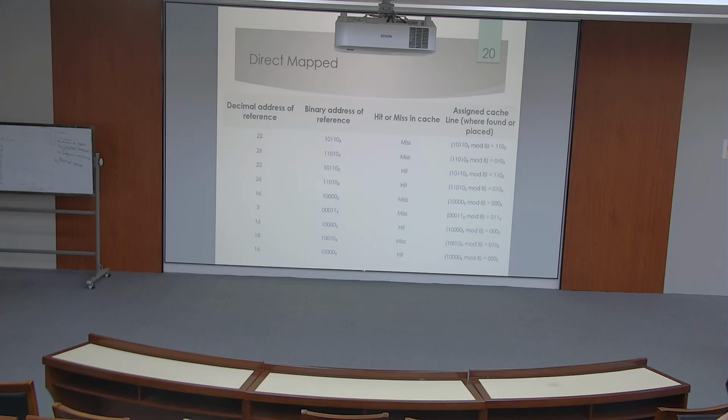Also find the miss ratio, equal to the total number of misses divided by the total number of sequences. How many hits do we have?